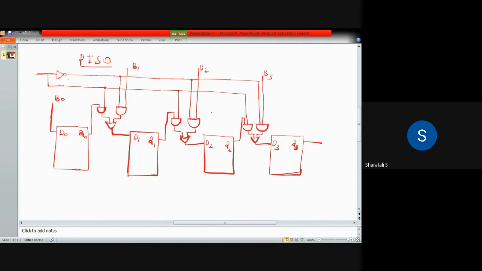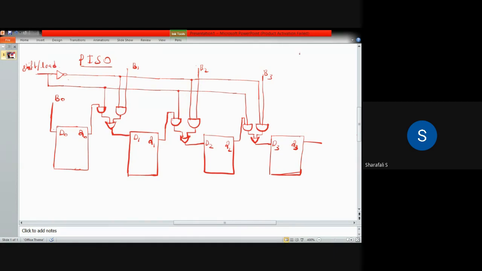So in this case, we have B0, B1, B2, B3. These are the bits, and you have to consider Q0. Here we have two different states or modes of operation. First, we have to load the data. So we have shift or load. These are the two modes of operation.